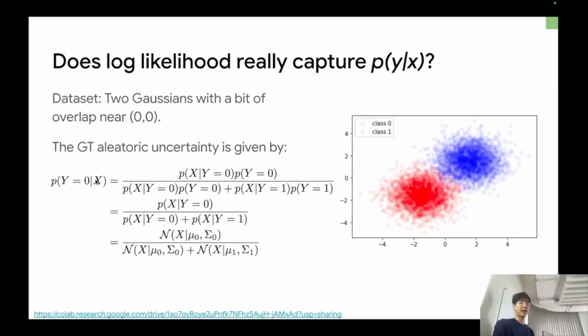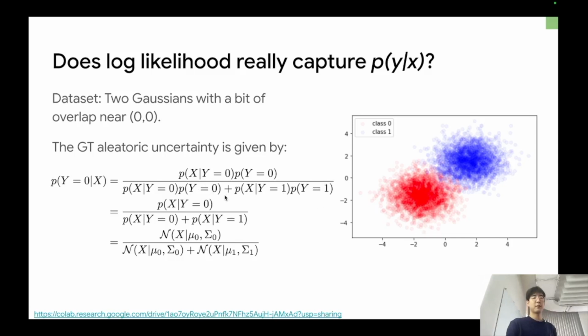And the true y given x is given by Bayes theorem. P of x given y over P of x, where we split the denominator into two cases, y equals 0 or y equals 1.